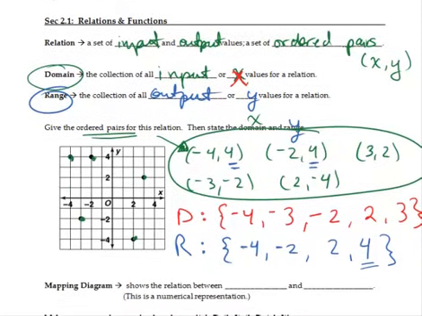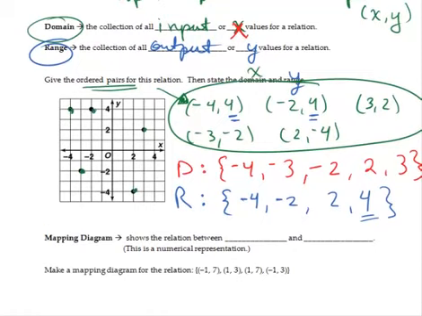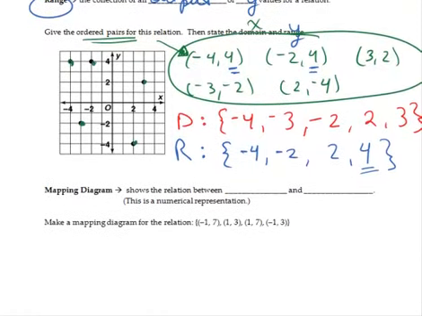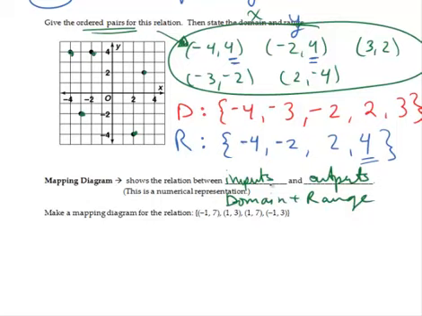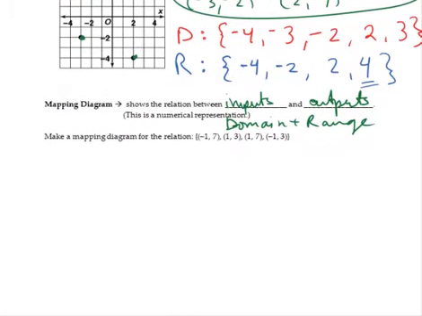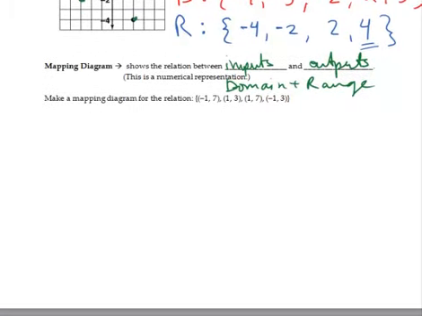Another way we can organize our domain and range values is with a mapping diagram. A mapping diagram shows the relationship between inputs and outputs, or it shows the relationship between domain and range. A numerical representation. So here are some more ordered pairs, and a mapping diagram looks like this.